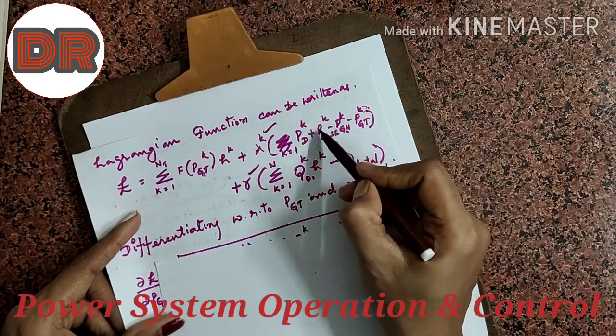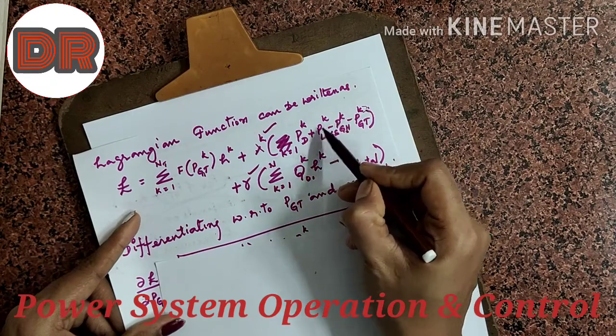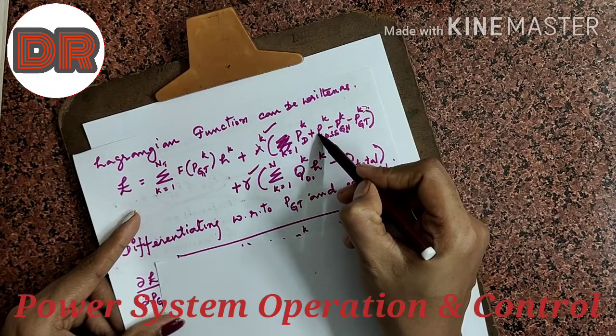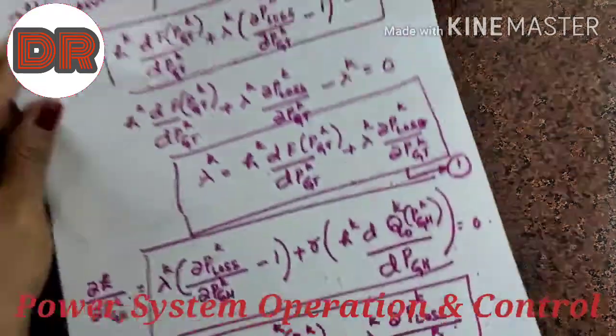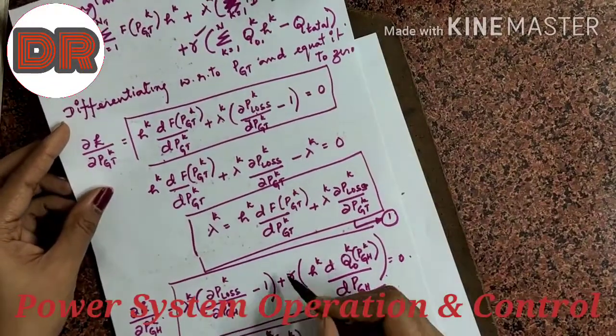The only terms available for differentiation are P loss with respect to PGH, and PGH with respect to PGH, which is 1.